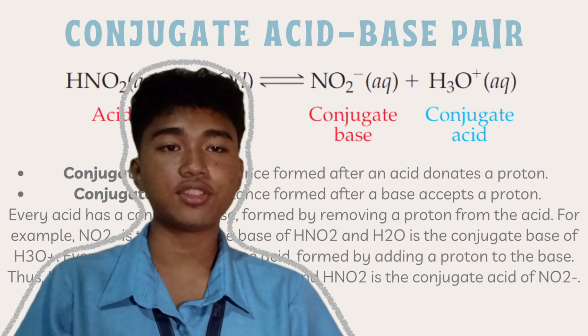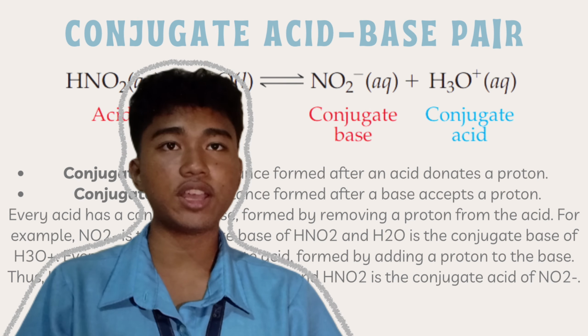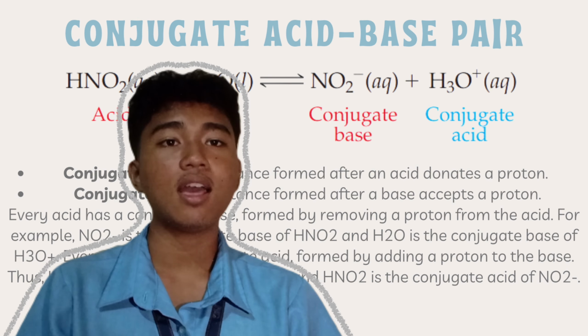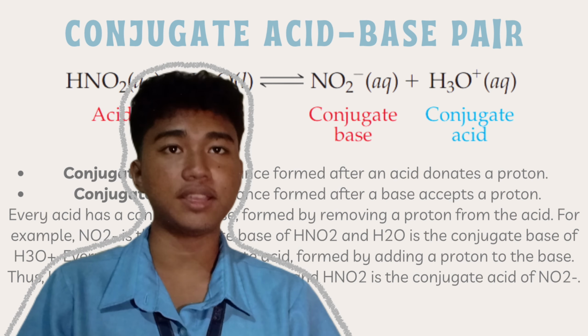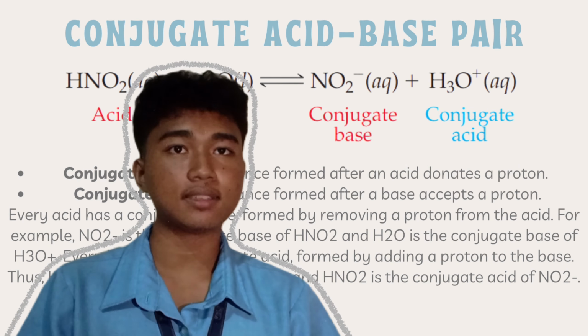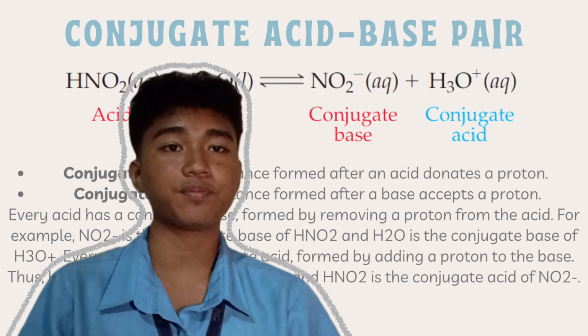Now, let's consider the reverse reaction. Here, hydronium ion donates a proton to nitrite ion. In this case, hydronium ion acts as the acid, while nitrite ion, which accepts the proton, serves as the base. This interplay demonstrates how acids and bases in one reaction convert into their conjugates in the reverse reaction.